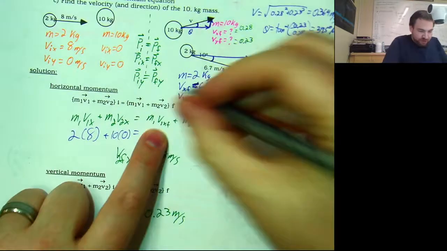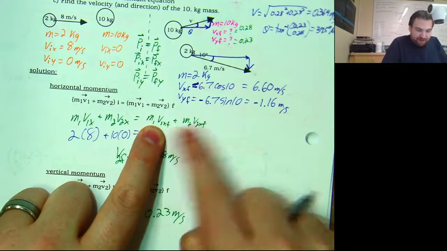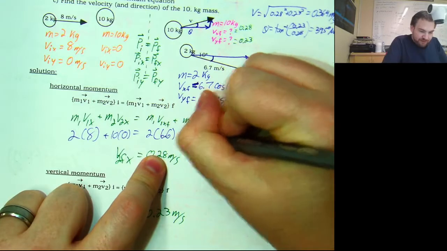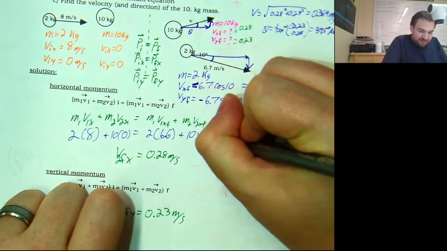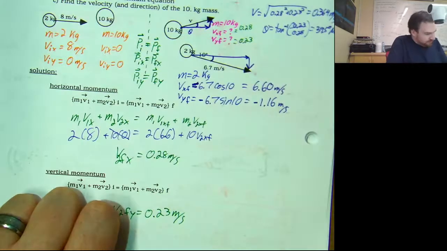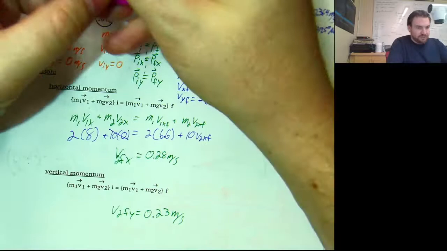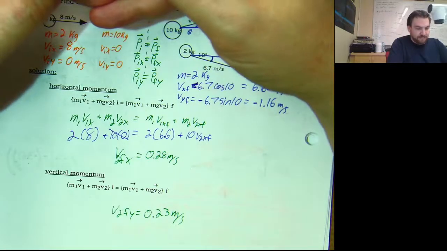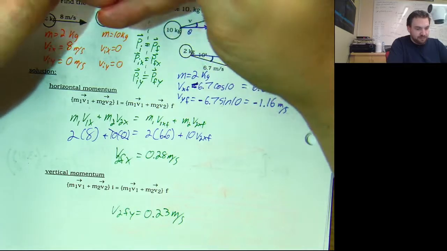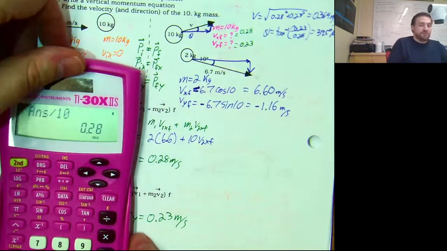That's going to equal our 2 kilogram mass, the V1X final is 6.6, plus 10 times V2X final. So that's gone. So it's going to be 2 times 8 minus 2 times 6.6, divided by 10. 2.8 or 0.28.